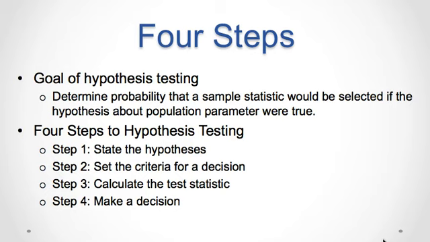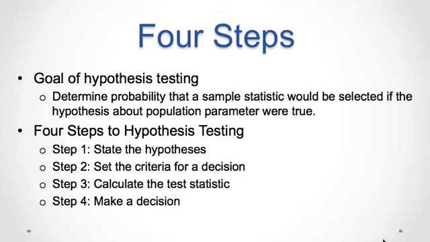Step 3, calculate the test statistic. We select a random sample from the population and calculate the sample mean. For example, we could select 100 preschool children and calculate the mean time in hours that they watch TV per week. The test statistic that we have learned so far is the z-statistic.